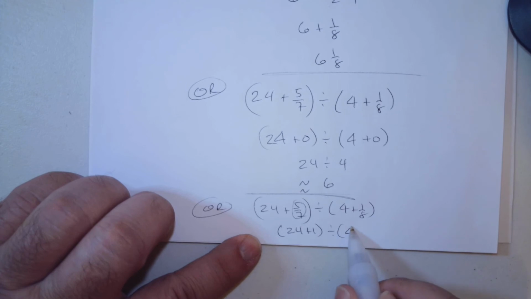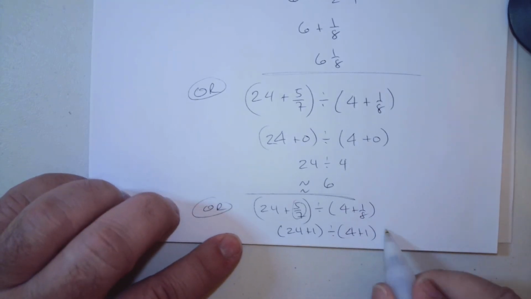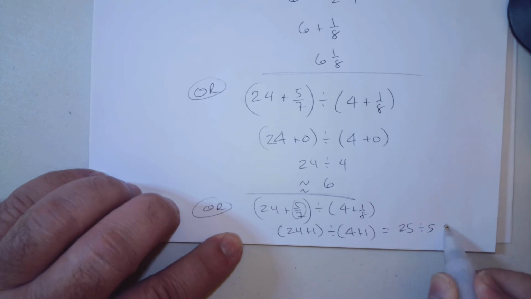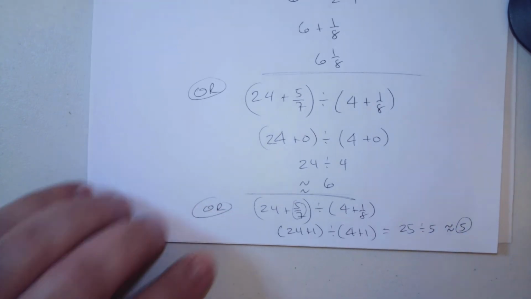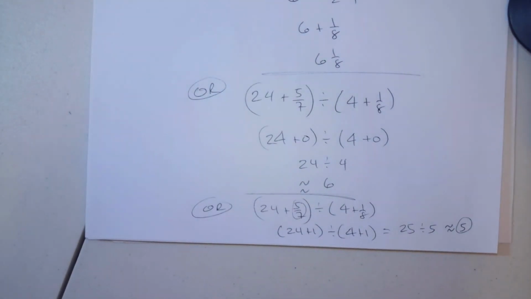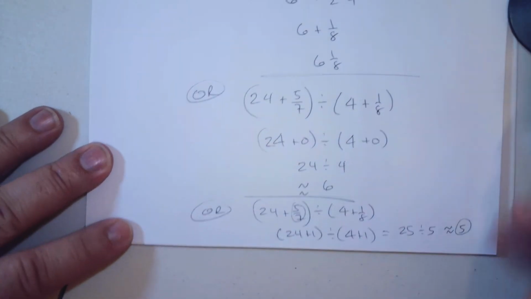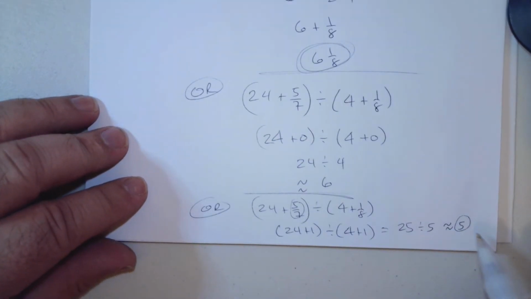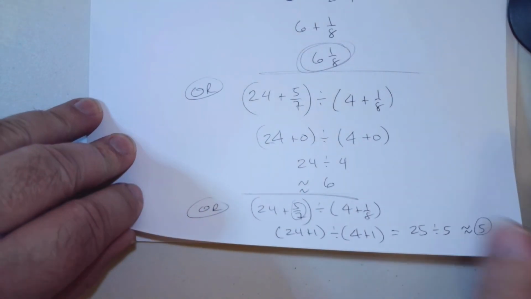Round this one up, 4 plus 1. 25 divided by 5 is 5. So, the accuracy is whatever the most logical one. The closest one I would go with is 6 1/8. But this one goes way too far. You're changing numbers pretty large.